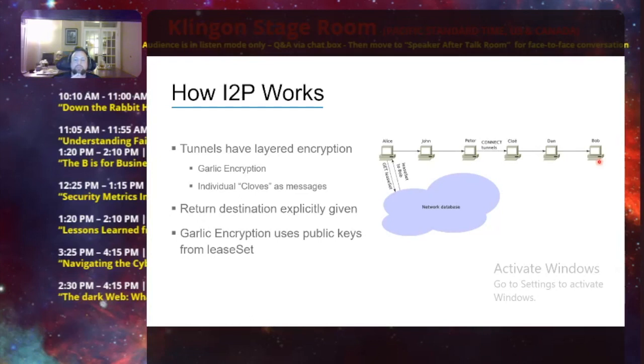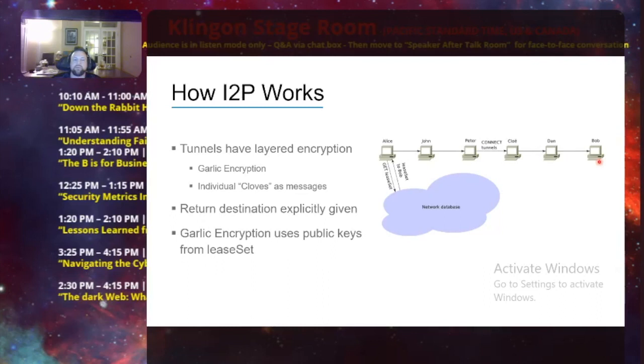What I2P has done, though, is make this relatively easier, built in with the app, so you can communicate, and it will automatically build a default set of outbound and inbound tunnels. And when you first get into I2P, it is going to automatically use those when you're communicating within the network, so that you are able to get some level of services as well as communicate across I2P to see some sites.